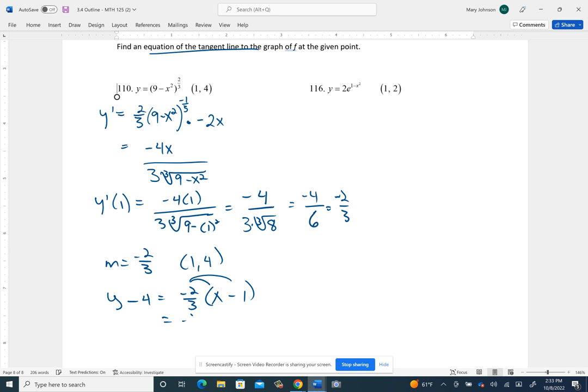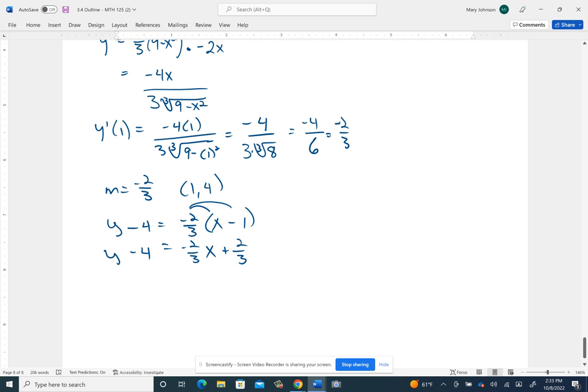Distribute. Okay. And then I like to go ahead and leave it in slope-intercept form. So I would add 4 to both sides and get y equals -2/3 x. And then let's see, 4 would be 12/3.